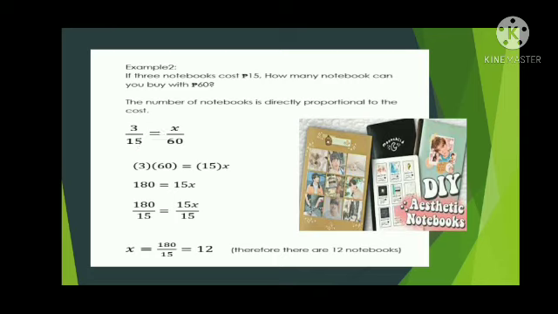So to get the value of our x, we need to divide both sides of our equation by 15. So makakancel yung 15 natin. Okay. And sa kabila naman, 180 over 15 is how much? So x equals 180 over 15, which is equivalent to 12.